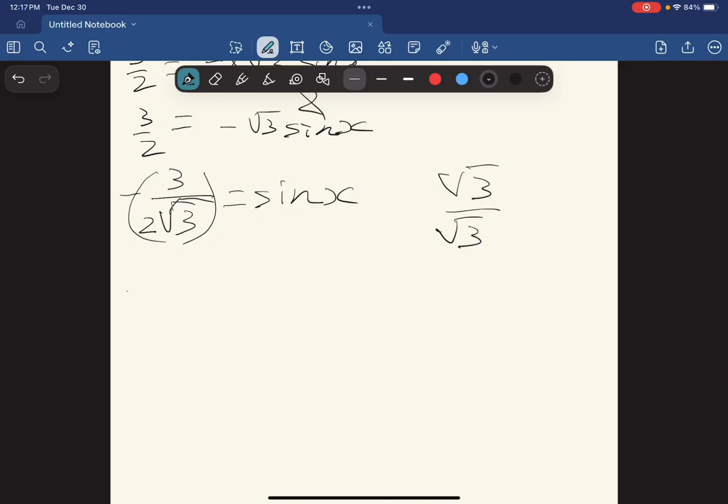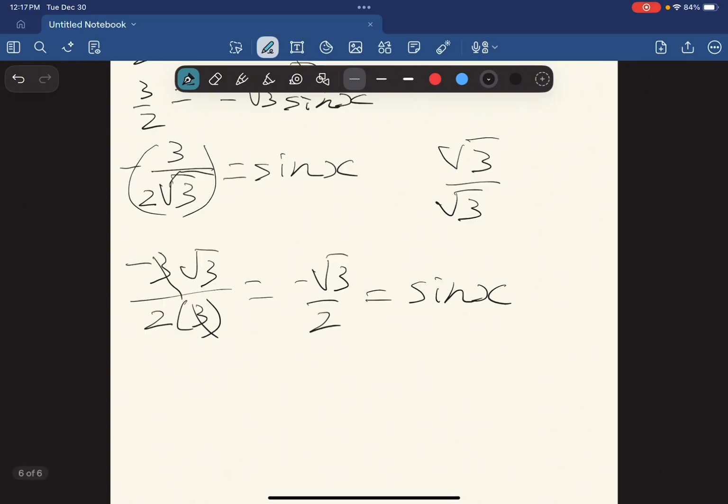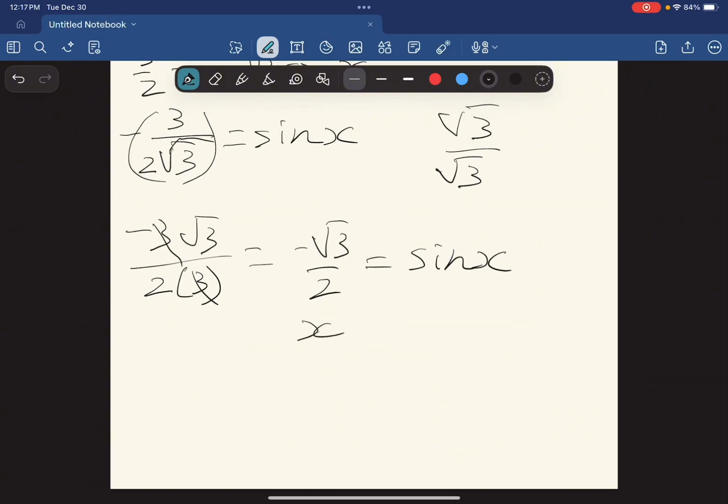So that'd be negative 3 root 3 over 2 times 3, and we can cancel to get negative root 3 over 2 equals sine of x. And from here, you know this: x equals 4 pi over 3 and 5 pi over 3, right?